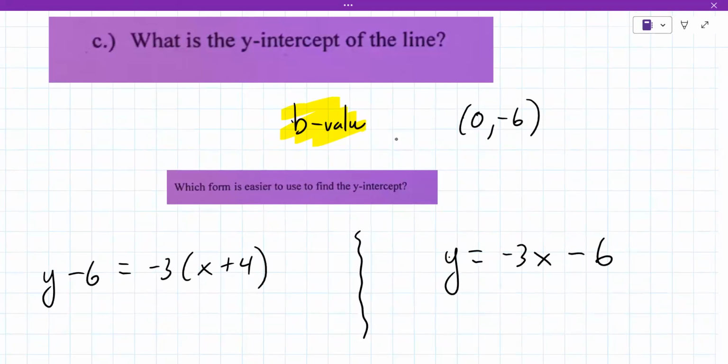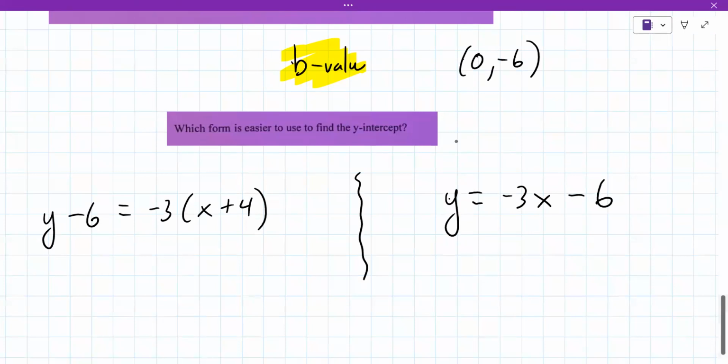This is point slope on the left. This is slope intercept on the right. You can only find the y-intercept from the one on the right. So there's not a which is easier. It's that that is the only option. Slope intercept is the only option.